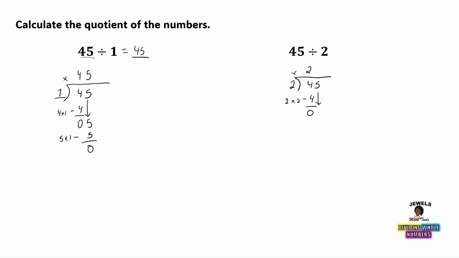I will bring down my 5. 2 divides into 5 twice. We have 2 times 2, which is equal to 4. And 5 minus 4 gives us a difference of 1. So our quotient for 45 divided by 2 is equal to 22, remainder 1.